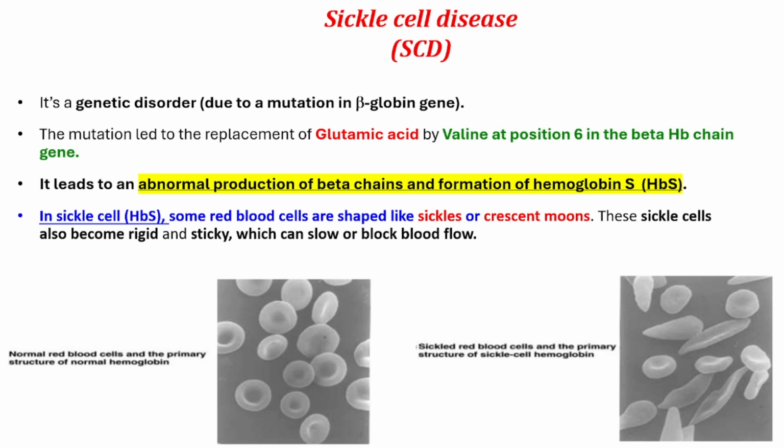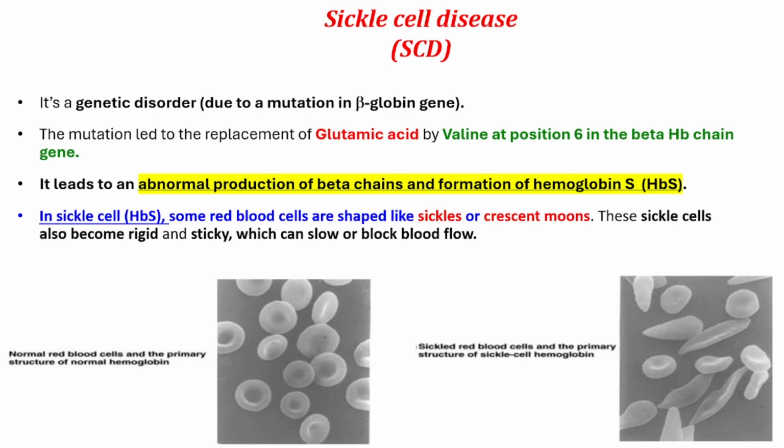Glutamic acid is a hydrophilic amino acid. Valine is a hydrophobic amino acid. So if these red blood cells have hydrophobic amino acids, what will they do? They will aggregate, they become sticky in order to avoid the water.